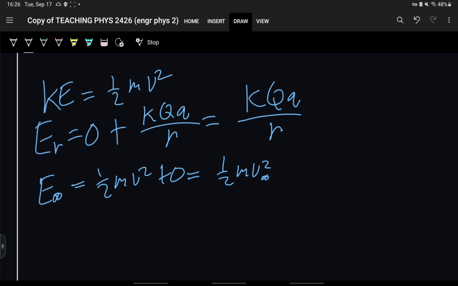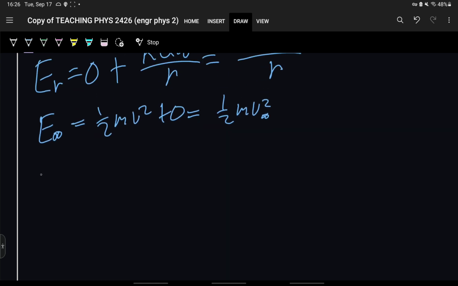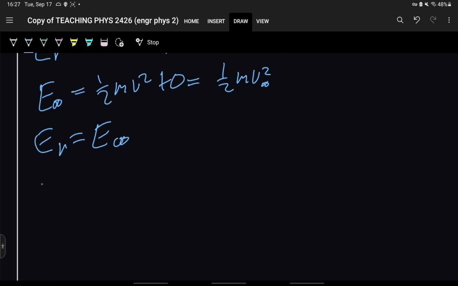So according to the conservation of mechanical energy, we're going to have, like I said before, E of r is equal to E sub infinity. Substitute the expressions for the energy. So we have k times Q times q all divided by r is equal to 1/2 times m times v sub infinity squared.